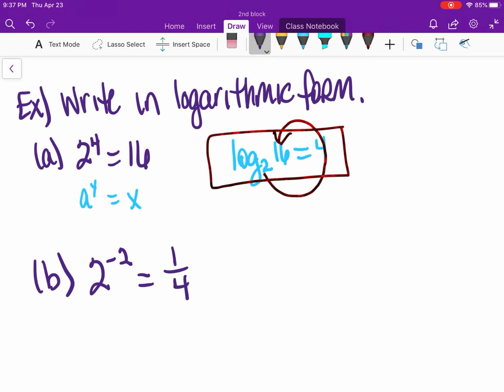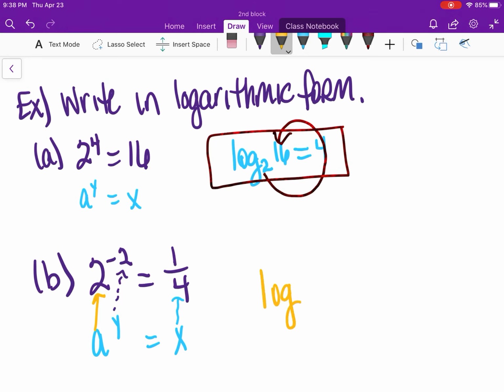2 to the negative 2 is equal to 1/4. Okay, remember our equation is a to the y equals x. So this makes my a 2, my y negative 2, and my x 1/4.